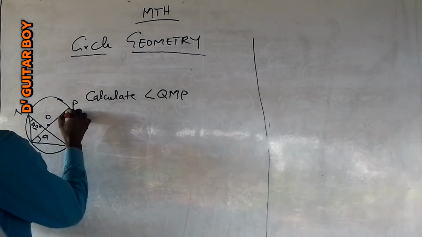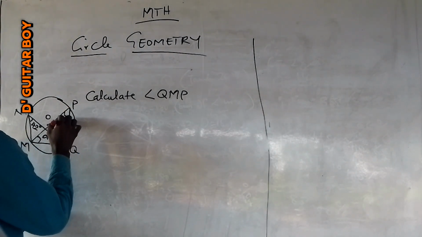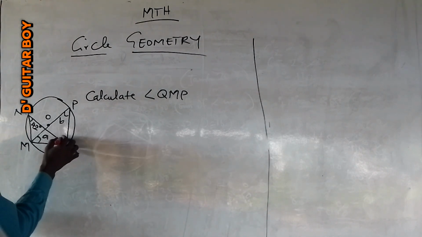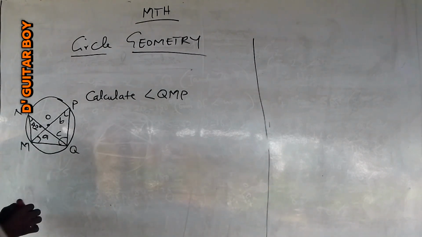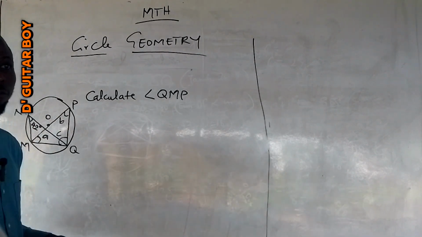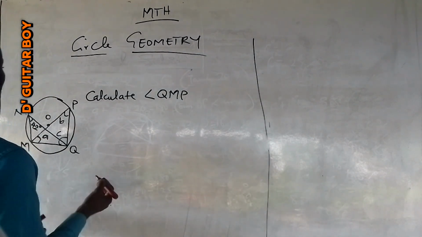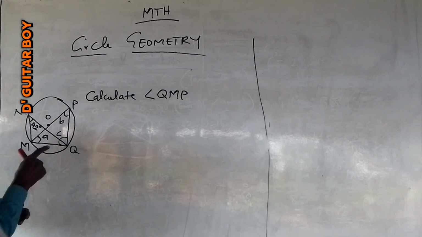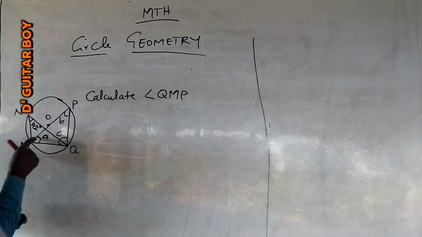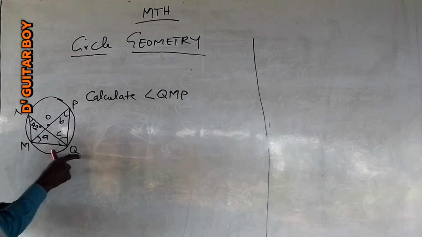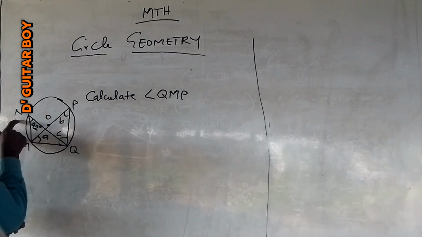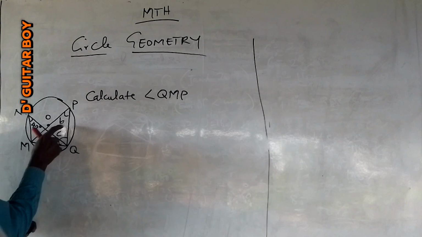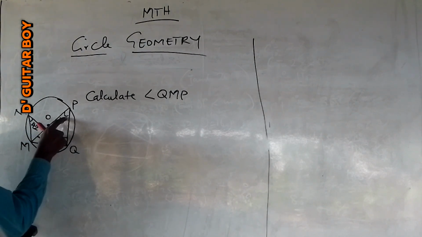Let's call this angle B for easy calculation. Let's say this angle is B. And let's call this angle C. You can always modify your figure. The only way to calculate this angle QMP that they want me to calculate is to have these.